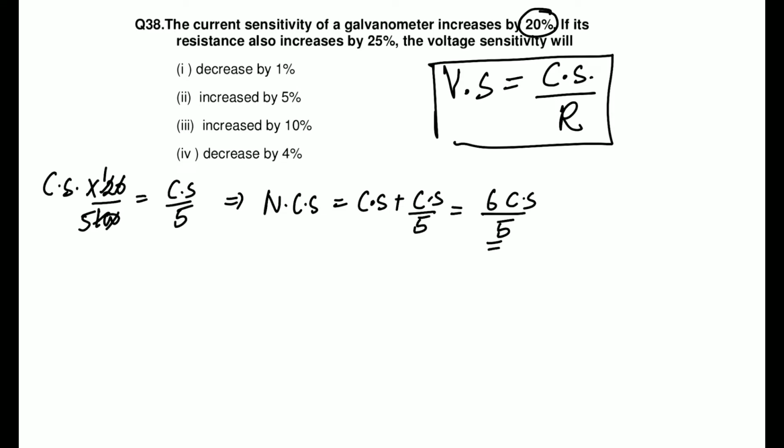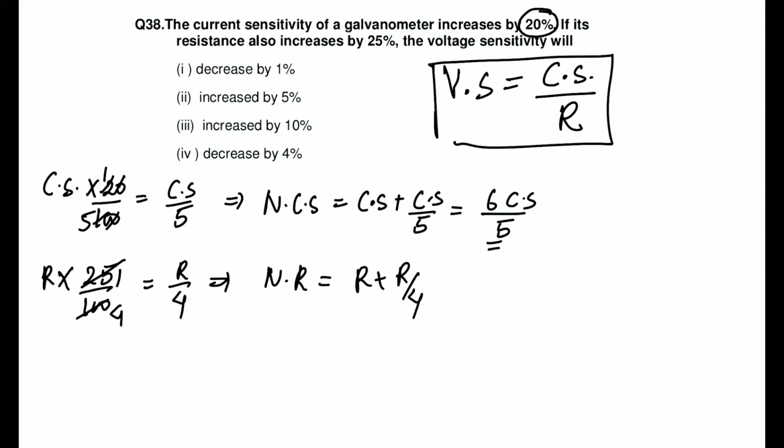Very similarly, let's talk about resistance here. Resistance is increased by 25%, but 25 is 1 upon 4. So this is R by 4, right? So the new resistance will be equal to R plus the increment, right? So this will be equal to 5 times R by 4, right? So we got the new current sensitivity, we got the new resistance. Now let's talk about the new voltage sensitivity.